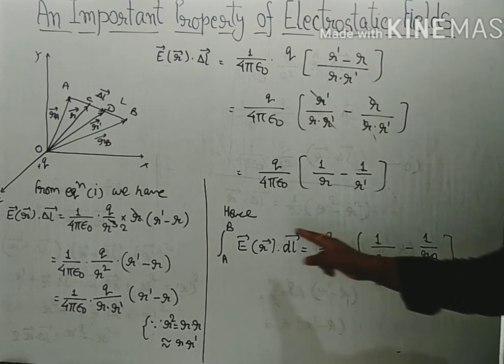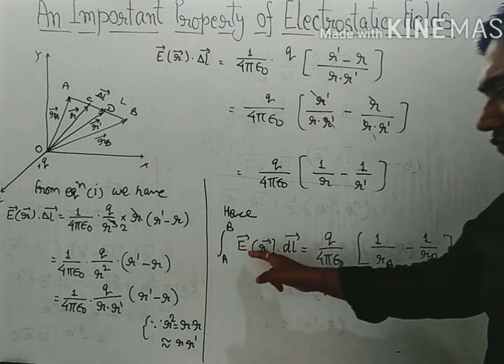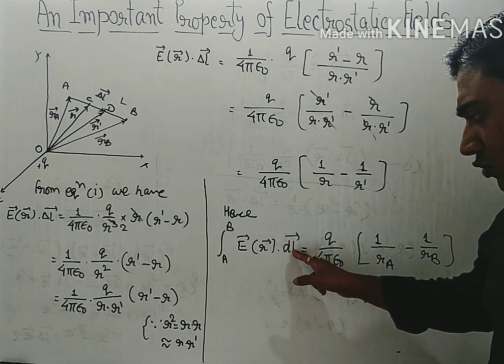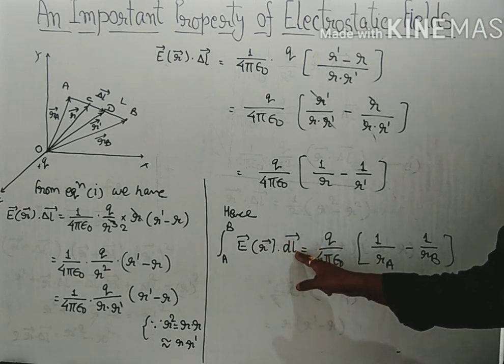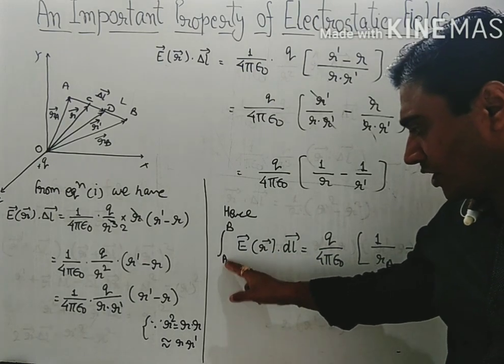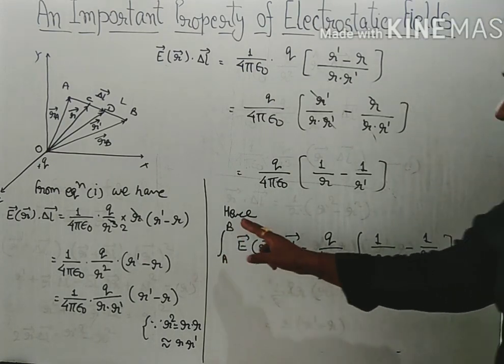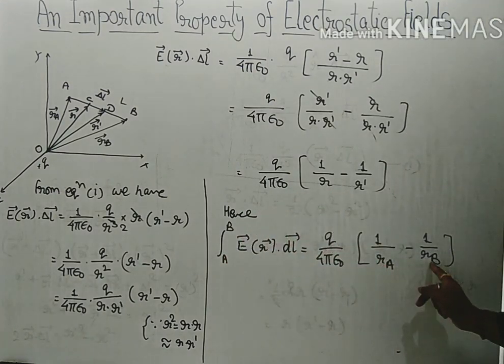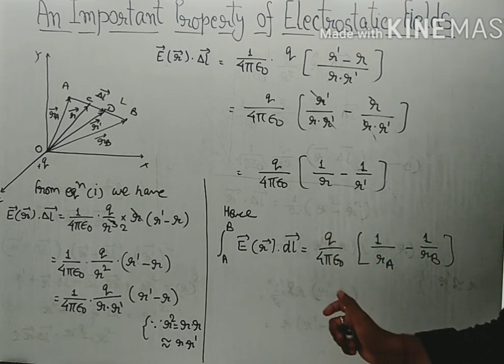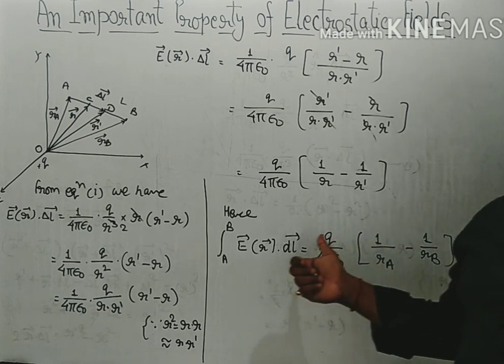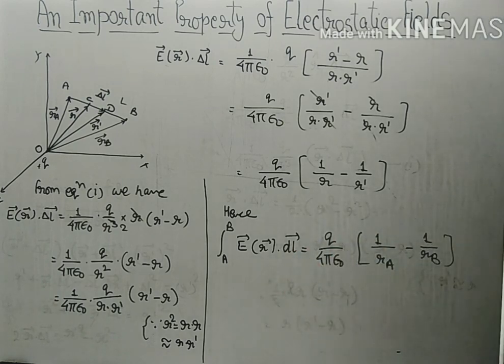As can be seen, this integral of electrostatic field over any path L bounded by two endpoints A and B depends only on endpoints, not on the path followed. Hence, the electrostatic field is conservative in nature.